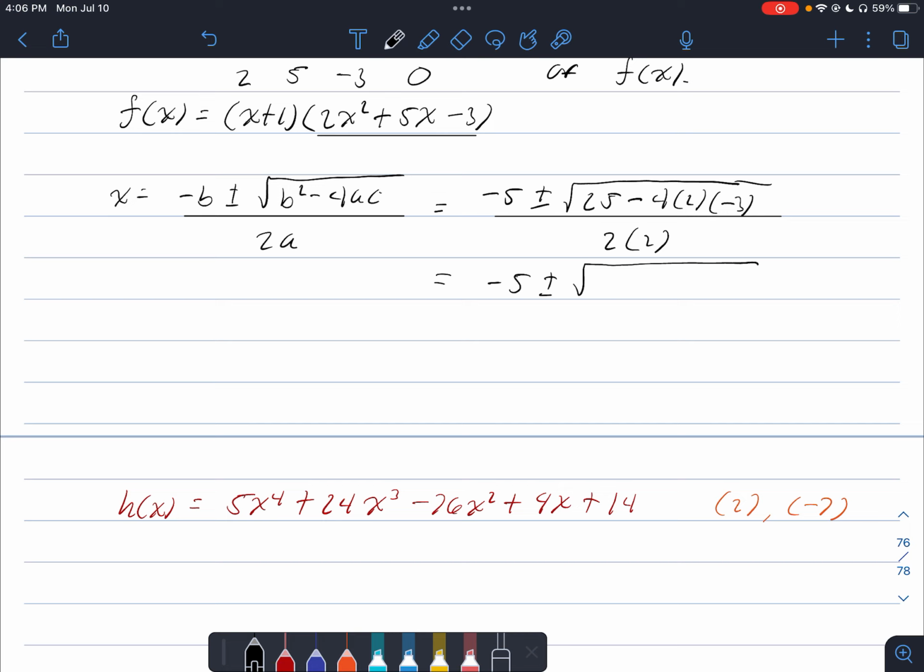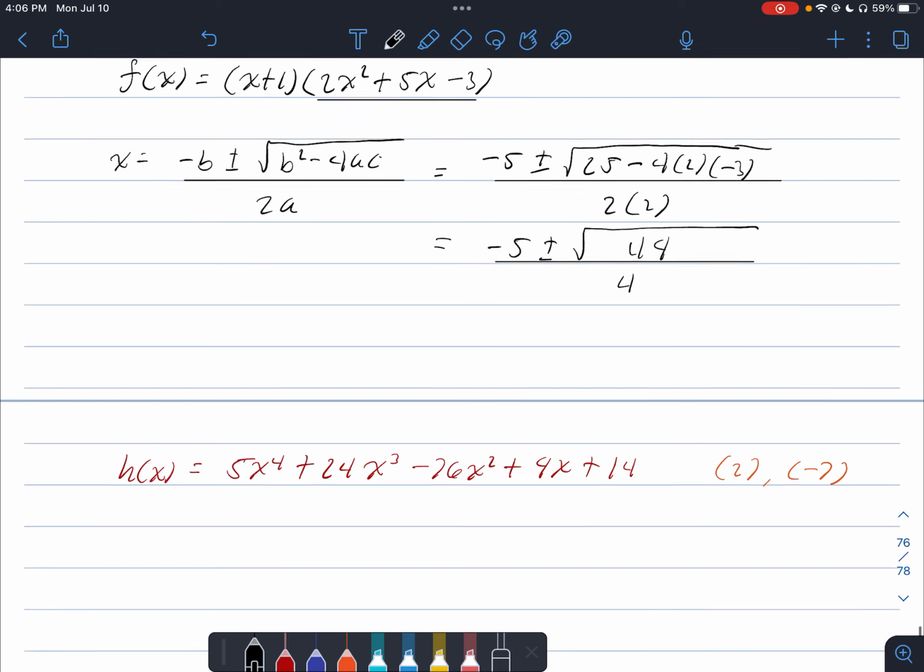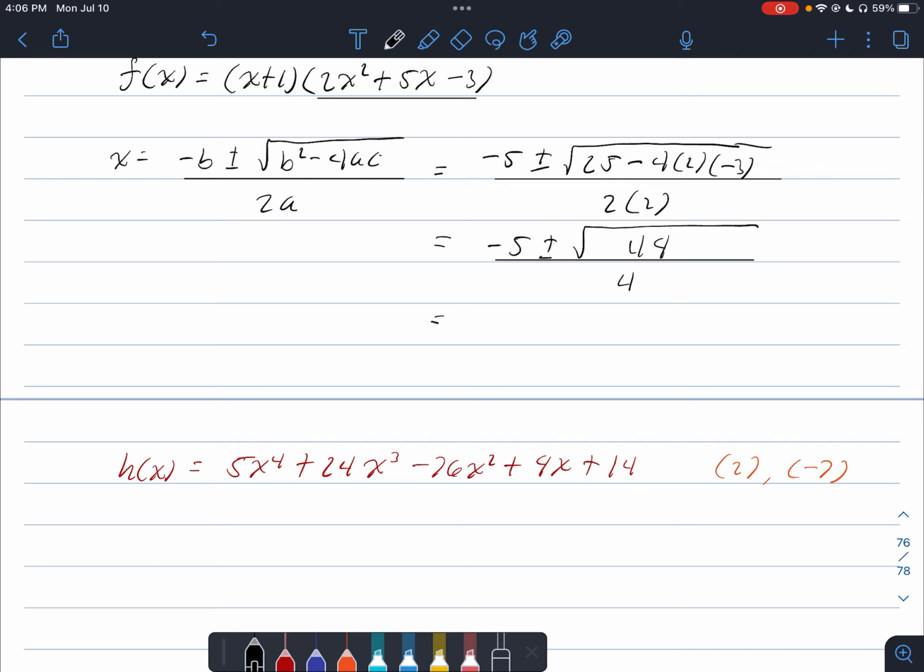Okay, so it's 25 minus a negative 24, so 25 plus 24, all right, which is going to give us 49. And this is all going to be over 4. Okay, so we'll have negative 5 plus or minus 7 over 4.